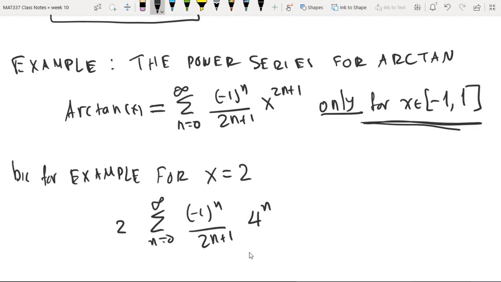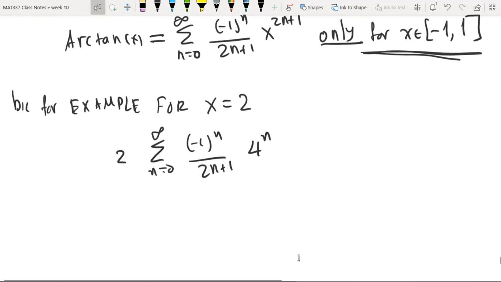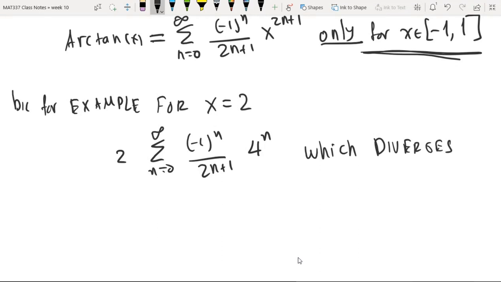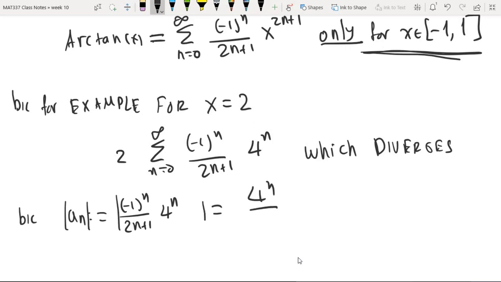So you get this series, which diverges. Let me show you why. The limit is not 0, because a_n goes to plus infinity. Exponential always beats polynomial.